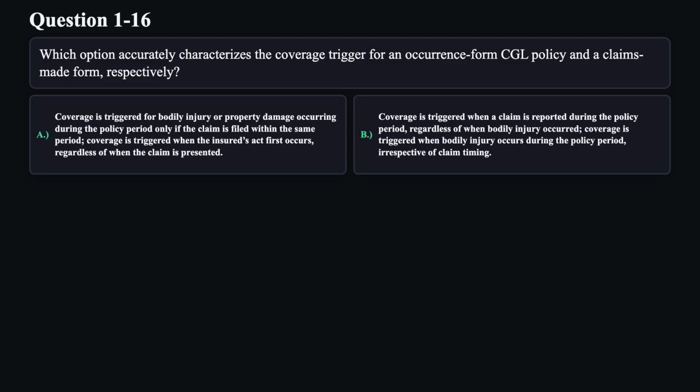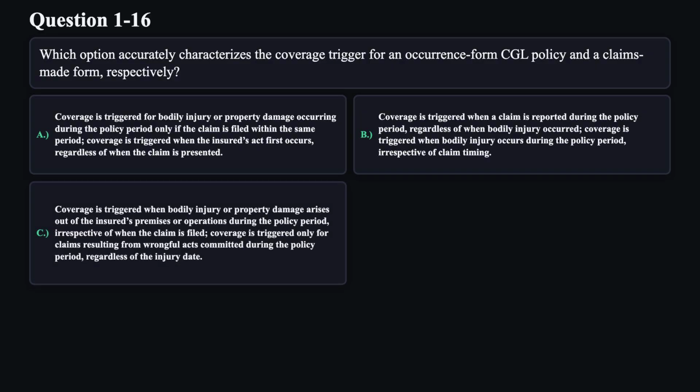B. Coverage is triggered when a claim is reported during the policy period, regardless of when bodily injury occurred. Coverage is triggered when bodily injury occurs during the policy period, irrespective of claim timing.